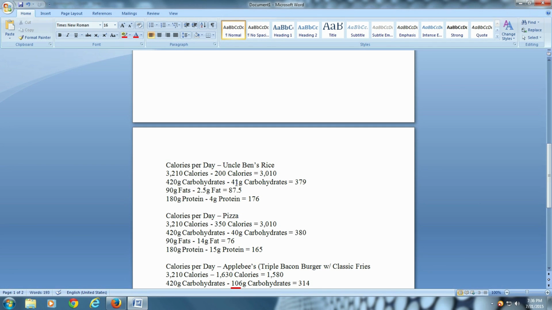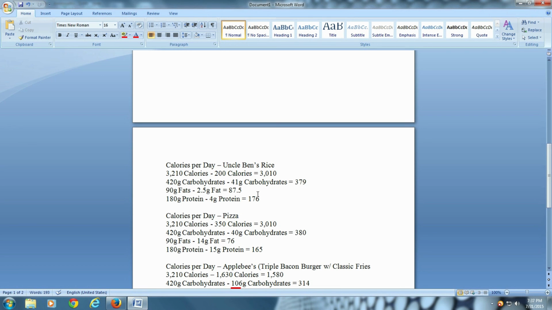Subtract 41 from 420, that leaves 379 grams of carbs. Subtract 2.5 from 90, that leaves 87.5 grams of fat. And subtract 4 grams of protein from 180, that leaves 176 grams of protein. So that's how you go about calculating your macronutrients, and after interpreting the nutritional facts, how that applies to your daily macronutrient profile.